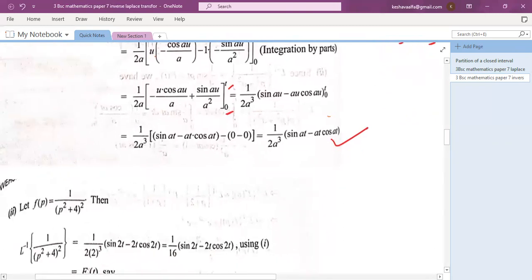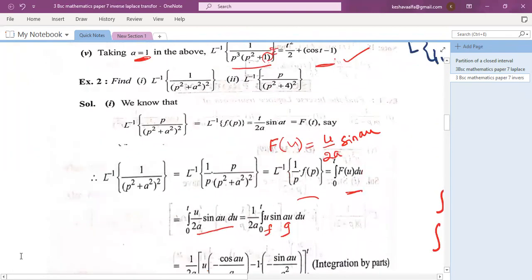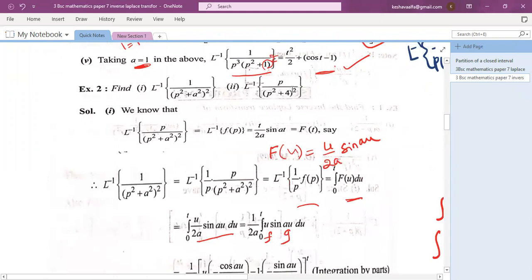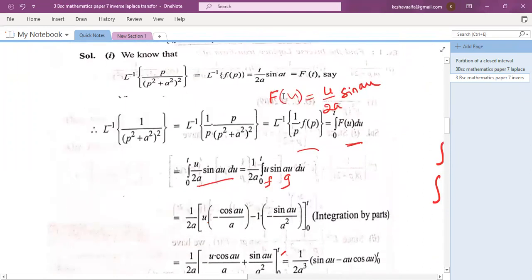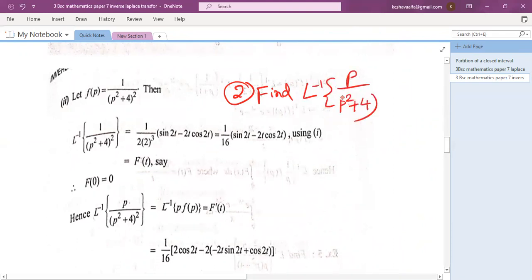So the next problem is, find L inverse of p by p square plus 4 whole square.